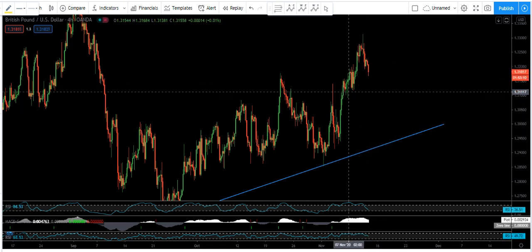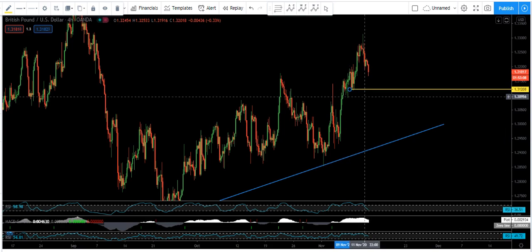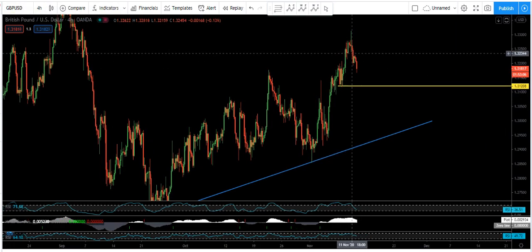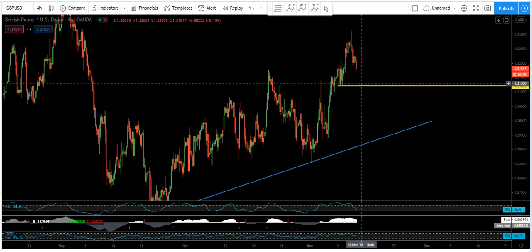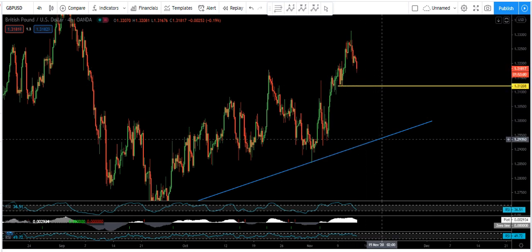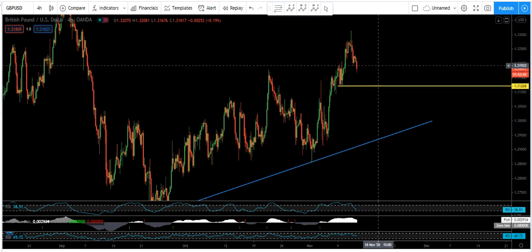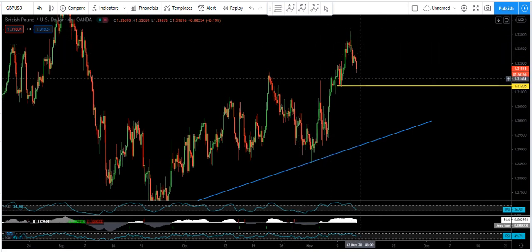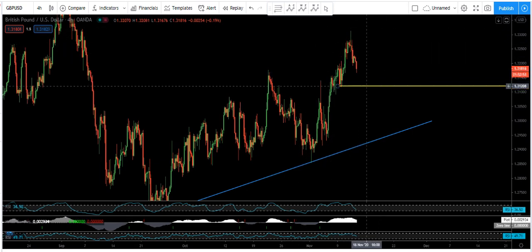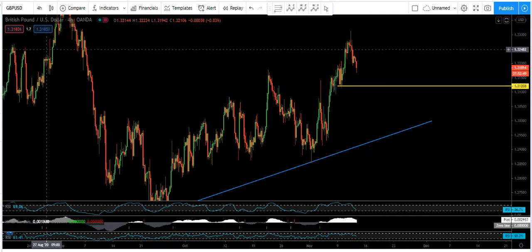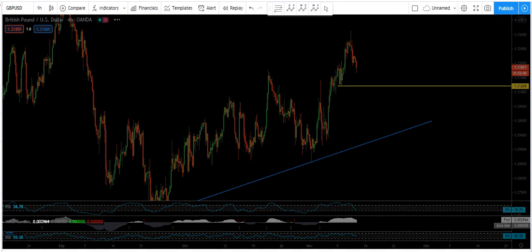But before that, I will put my line here. That means if the price continues to drop somewhere around this, we need to see whether there is a continuation. Can we expect the price to drop to this line or not, or can it reverse from there? Because the possibility is the price drops somewhere around the yellow line I have at that price, and again reverses. This is just for the indication.